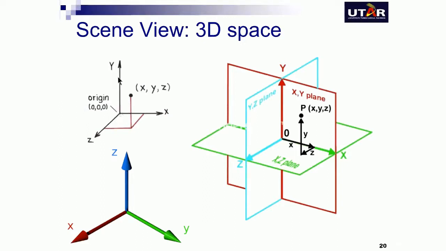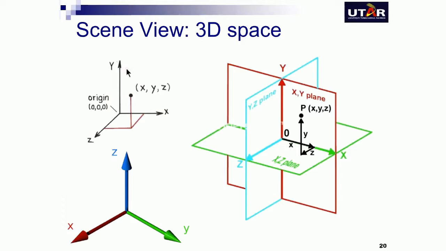The positive y-axis is top, and the negative y-axis going down here is bottom. The positive x-axis is right, the negative x-axis is left, and z you can think of as front and back. Positive z is front, negative z is back. Front, back, right, left, top, bottom.